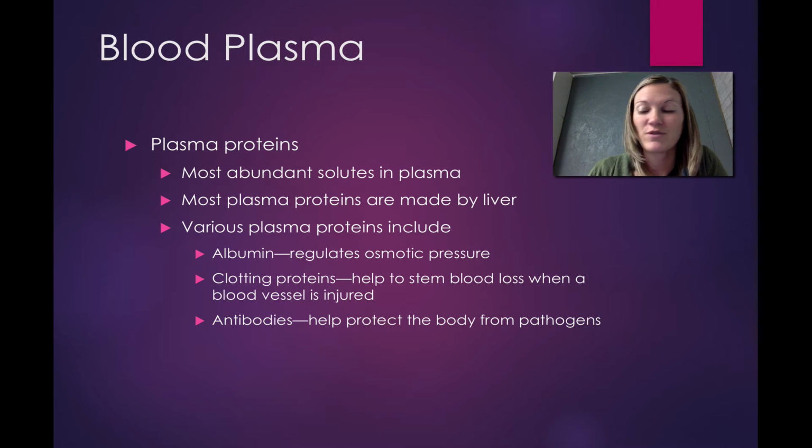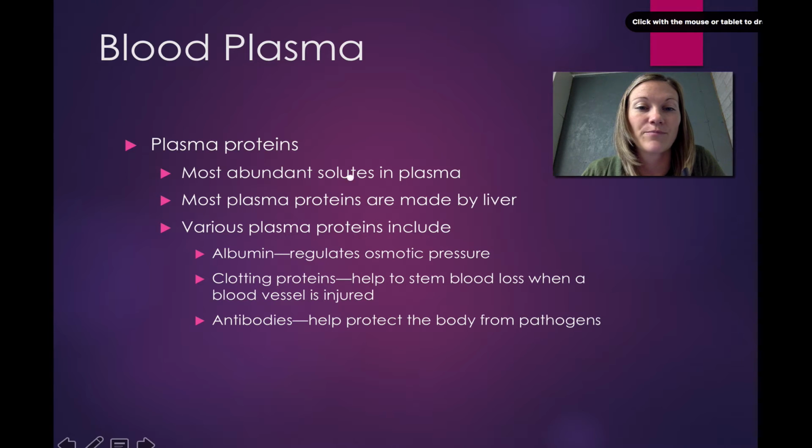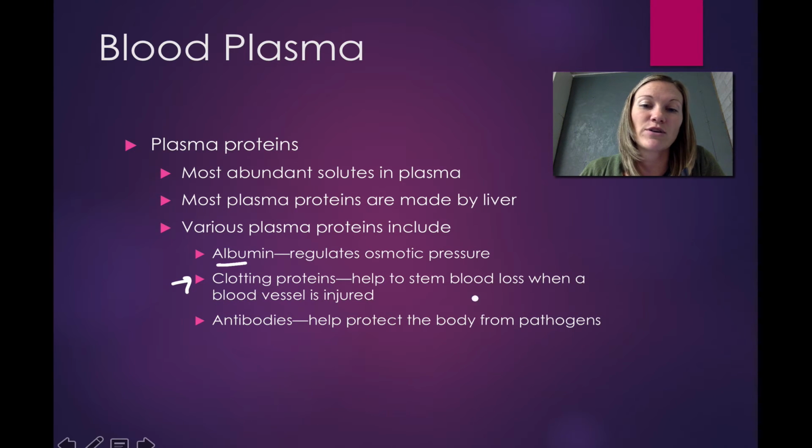Alright, so we get to the plasma proteins specifically here, and let's go straight to albumin. This regulates the osmotic pressure of the water in your body. Another one is clotting proteins. Basically, when you start to bleed, you have to have these clotting proteins that will help you stop bleeding.